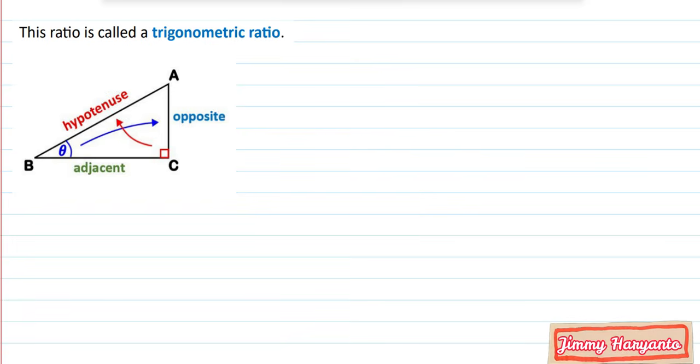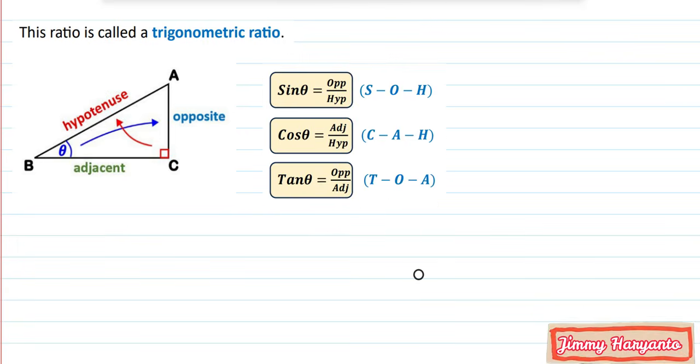Okay, let's summarize. When we have a right triangle like this, we can label it as the opposite side, adjacent side, and hypotenuse side. The three main trigonometric ratios are sine, cosine, and tangent. For sine, the formula is SOH, the cos is CAH, and the tan is TOA.